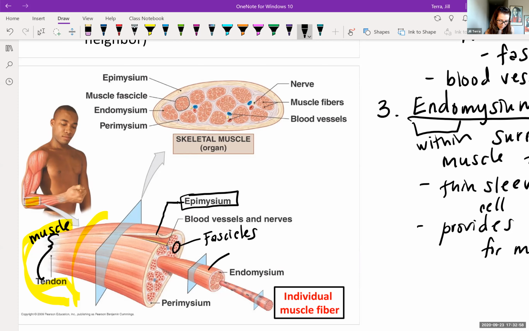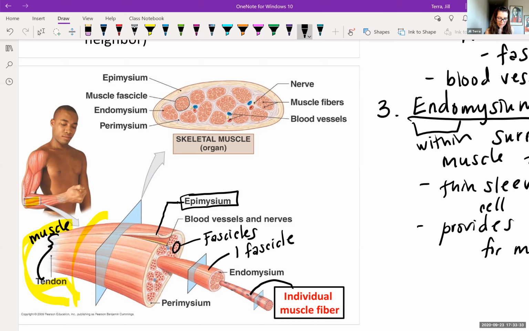One fascicle has been pulled out of this illustration to show you how the fascicle is oriented. And what we see pulled out of here is an individual muscle fiber cell. There are a whole bunch of muscle fibers all bundled together, and just one of those muscle fiber cells has been pulled out.